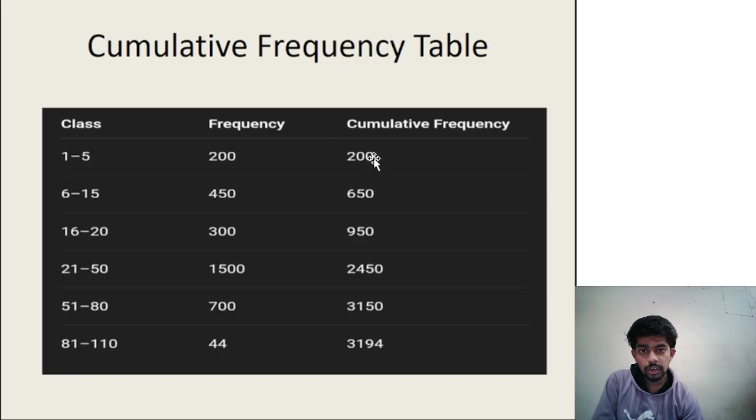Now the cumulative frequency is added to the next frequency, which gives us the result as 650. Again 650 cumulative frequency added to the frequency 300, which gives us the result 950, and it happens until the end, where we reach 3194 as the result. And this is how we calculate cumulative frequency, which will be used later in the formula.